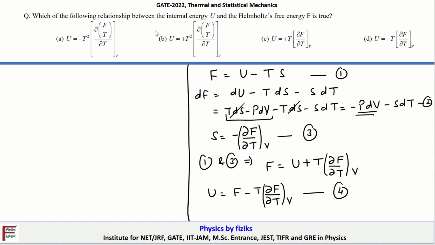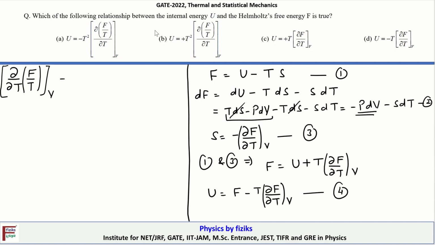Now I'm going to evaluate the differential of F by T, that is curly ∂/∂T of F by T at constant volume.